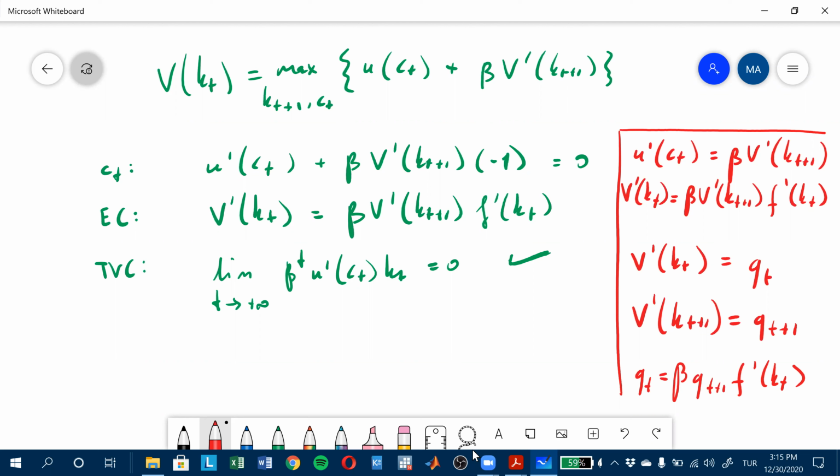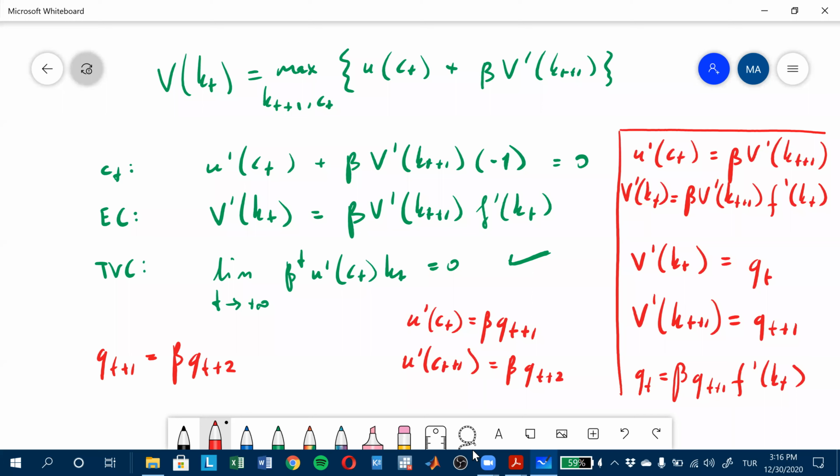You see? Now timing is of course different, so be careful, don't confuse this with the original formulation. Now you have U prime C_t equals beta Q_{t+1}, right? So U prime C_{t+1}, if you want to write the earlier equation, must be beta Q_{t+2}. So you have to be dealing with Q_{t+1} and Q_{t+2}, so you have to iterate this. If you iterate that, you have Q_{t+1} equals beta Q_{t+2} F prime K_{t+1}, right?